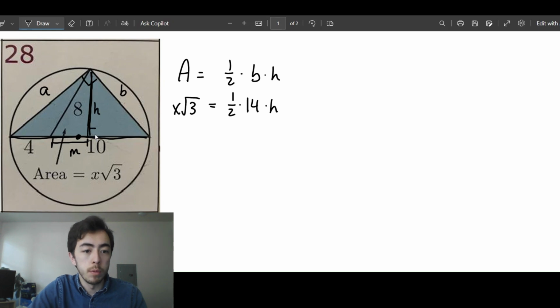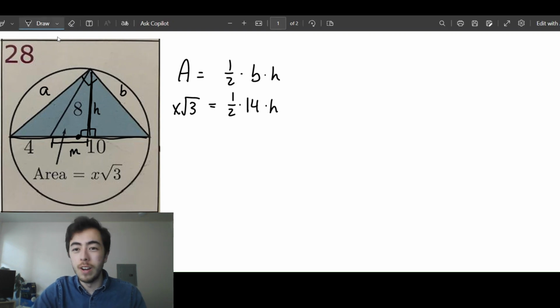I'll also label some 90-degree angles here, because the altitude of a triangle is always perpendicular to its base. But I'm not really sure how far away this diagonal length goes, and that's why I have yet another variable m in my diagram. So there's a, b, h, and m, and ultimately I really want to find h.